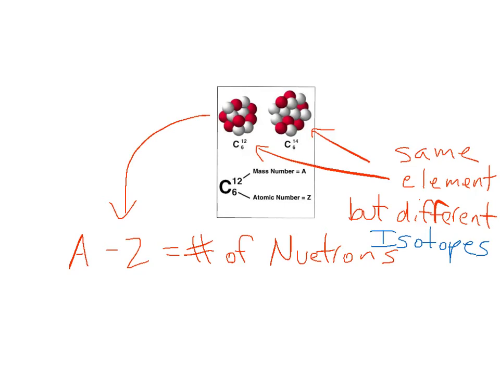Every single oxygen atom has 7 protons. So it doesn't matter what the isotopes are, the number of protons will always be the same for that element. When the neutrons change, that means it's a different isotope.